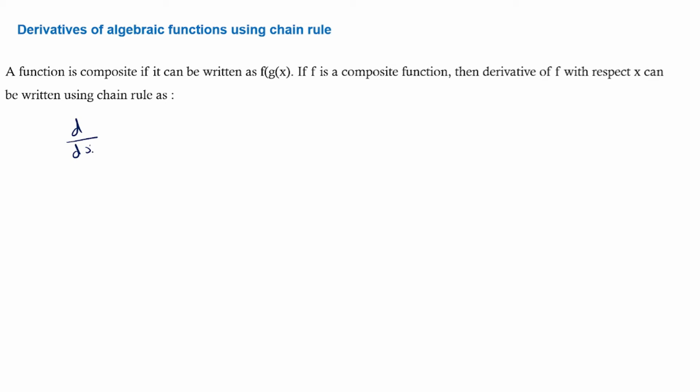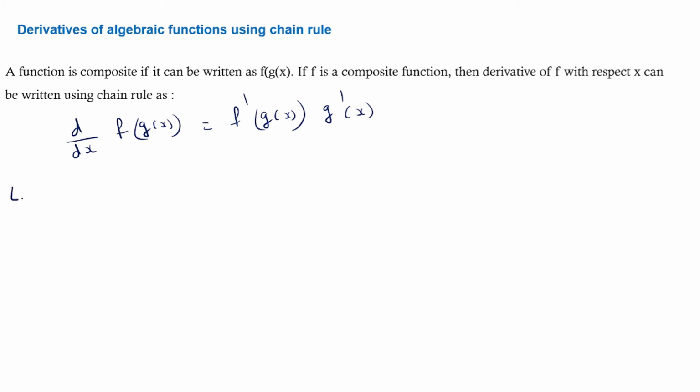That is, d by dx of f of g of x is equal to f dash of g of x into g dash of x. That is, we need to keep this function as it is and differentiate to get f dash of g of x, and then we differentiate g of x to get g dash of x.